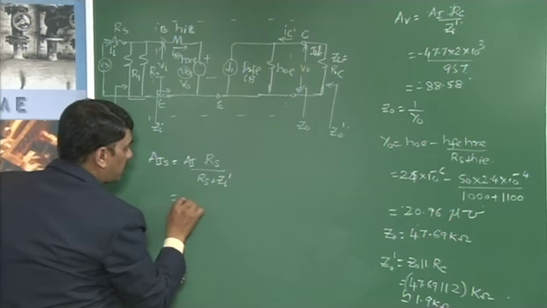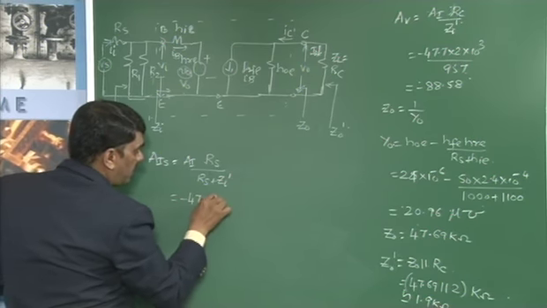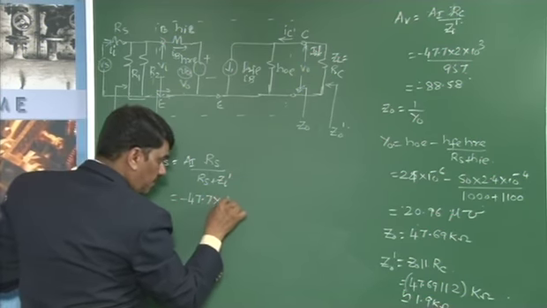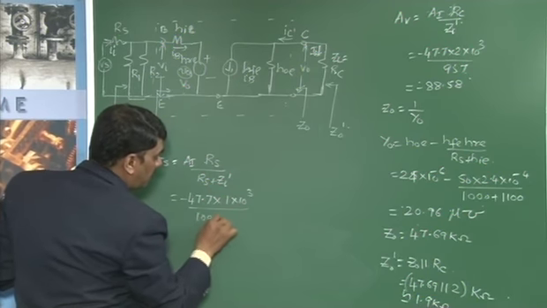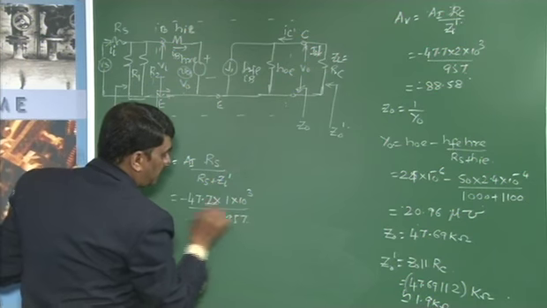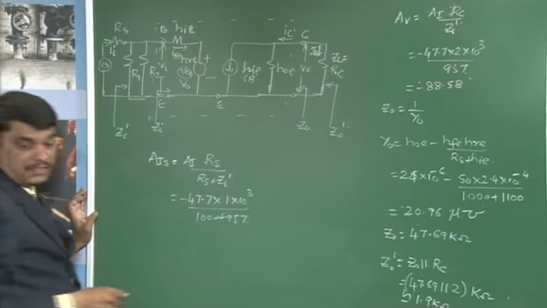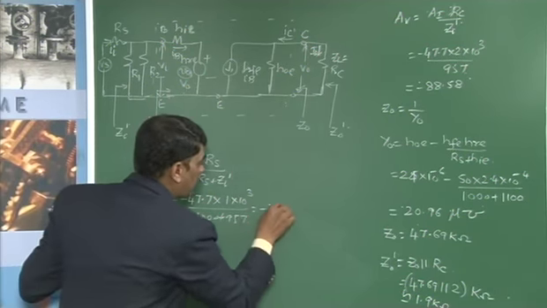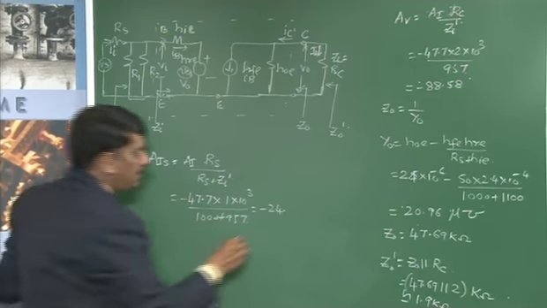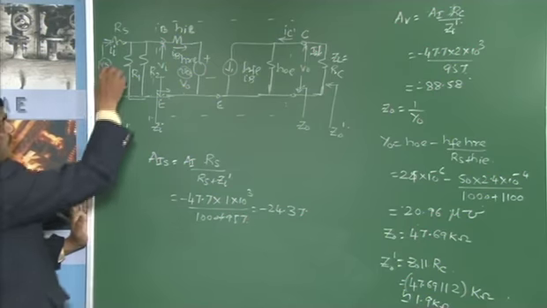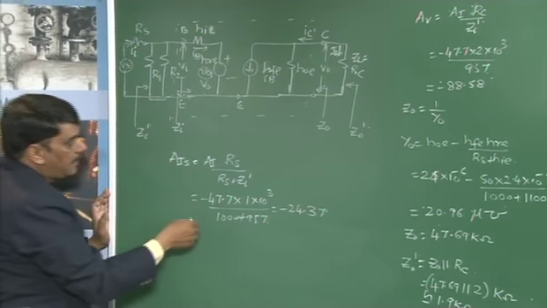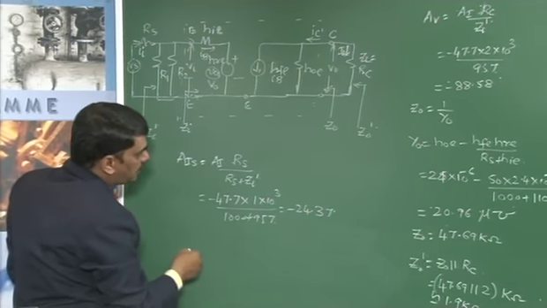If you substitute the values, minus 47.7 into 1 into 10 to the power of 3 divided by 1000 plus 957 ohms, this value is approximately equal to minus 24.37. Means if you consider the source resistance, the current gain of the amplifier is further reduced.